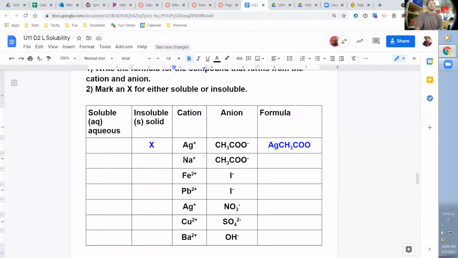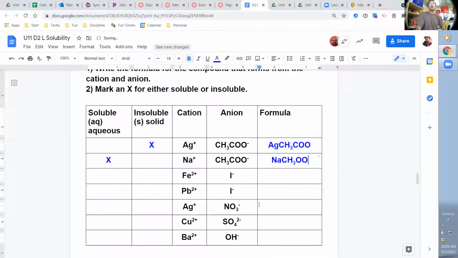So for this answer, we can put an X near soluble. So how do we write the formula? It looks like this is a +1 charge and a -1 charge, meaning you only need one of each to balance out this formula.